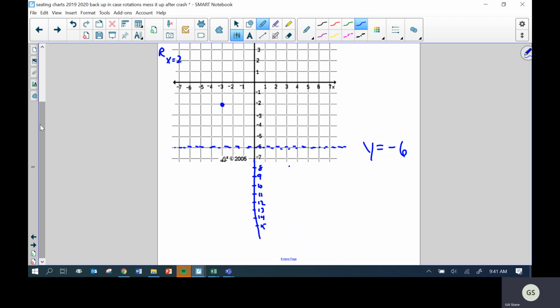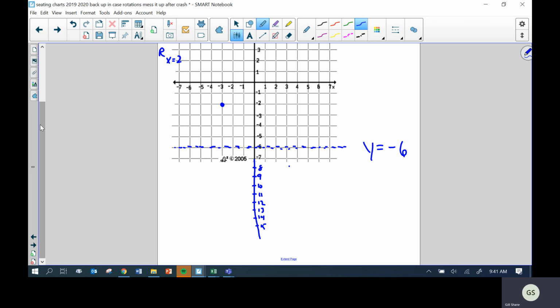I need to take this dot and reflect it over that line, which means however far away I am from this line, I need to be the same distance on the other side of the line. That's what a reflection is, because remember, there's no rule for this. So if I am 1, 2, 3, 4 away from the line, then I need to be 4 away from the line down here.